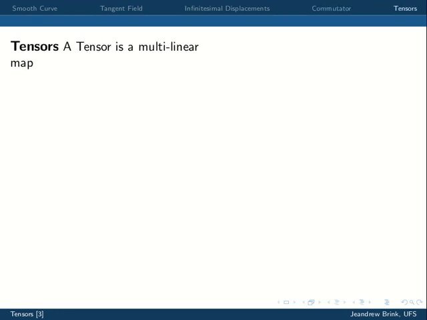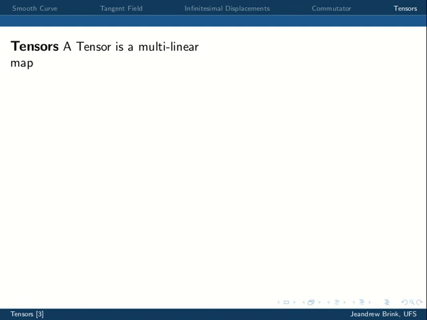What I now want to go and look at is basically define what a tensor is. If you do fluid dynamics or elasticity and you start working, the most basic idea of a tensor, and it's not the correct one, but it gets your intuition going, is simply a matrix.